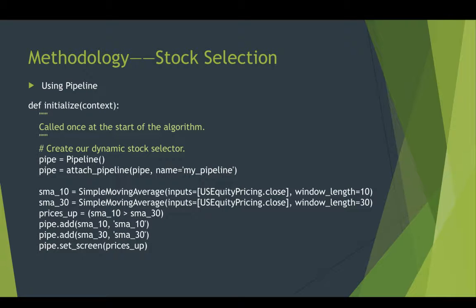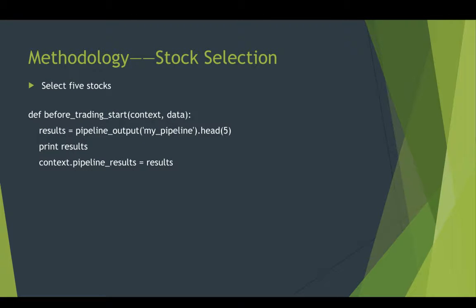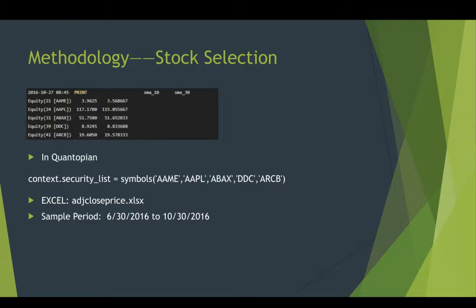So you can see this. Just as it looks, we select these stocks if the 10-day moving average is greater than the 30-day moving average. Then we print out the results. So we select the first five stocks based on this information.